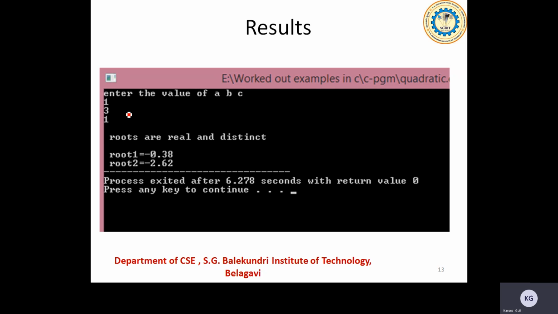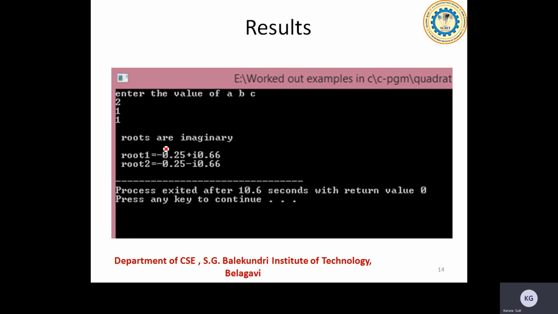After dividing that by 2a, we'll be getting the roots over there. That's what we are getting here, root 1 and root 2. And as you have d greater than 0, please remember you have real and distinct roots for the quadratic equation.